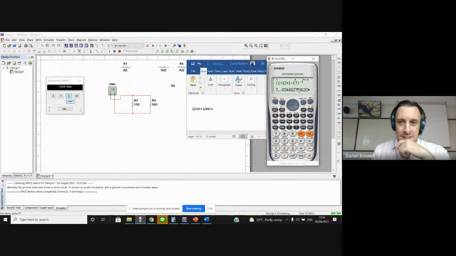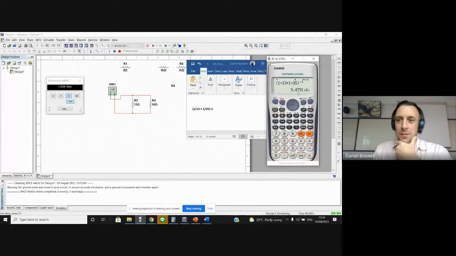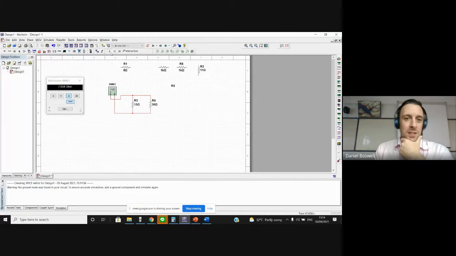So if we write this in our calculator as open bracket 1 divided by 13 plus 1 divided by 35 close bracket to the negative of 1, we have 9.479, and hopefully we should get 9.479 ohms.